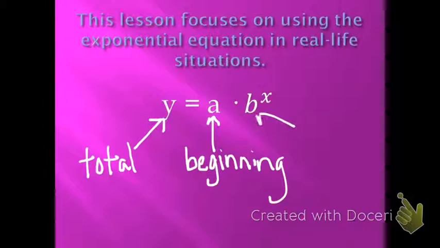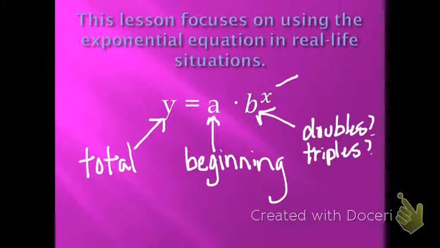The B is whether it doubles or triples or whatever it's going to do, sometimes quadruples. And X is how many times. X usually does mean time. And so if you remember, that's what we talked about in class.